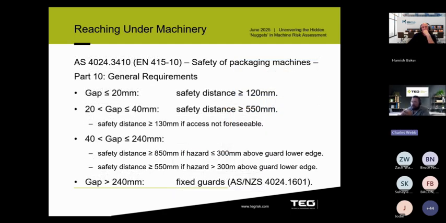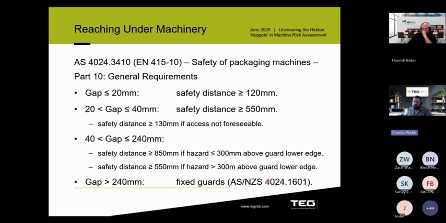There's a bit more information here than what I wanted, but I decided to keep it in here just to give you a demonstration. So we're back to packaging machines, AS 4024.3410, and that's the general requirements for all packaging machines. I'll try and weed this out a little bit. If you've got a 20 mil gap or less, you're back to 1801 basically, and if you've got a gap greater than 240, now you have to bolt fixed guards on underneath the machine.